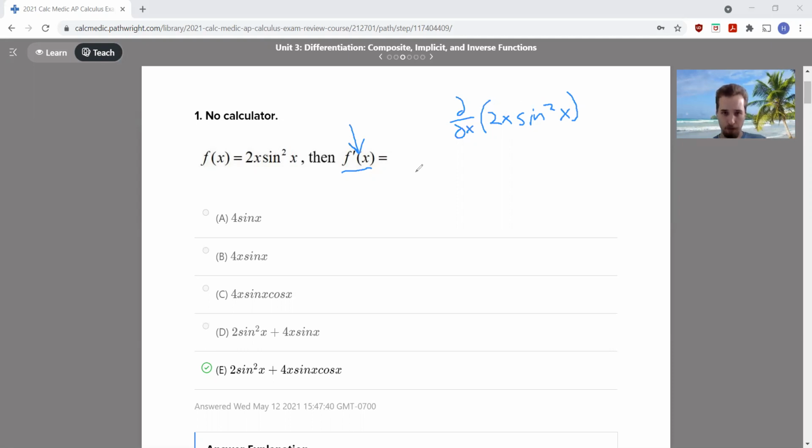So with quotient rule, the derivative of a quotient, right, where we get f of x times g of x.